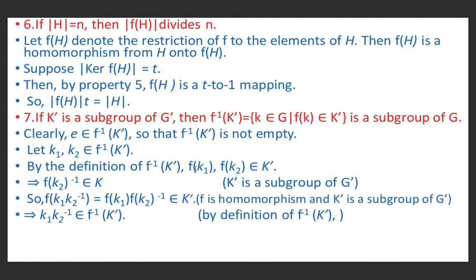It means f(k2) inverse also belongs to K', because K' is a subgroup of G'. So f(k1 k2 inverse) is equal to f(k1) into f(k2 inverse), because f is a homomorphism, it preserves group operation, and also f(k2 inverse) is equal to f(k2) whole inverse.